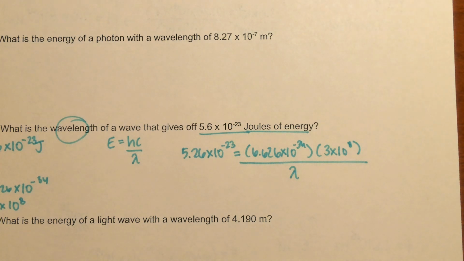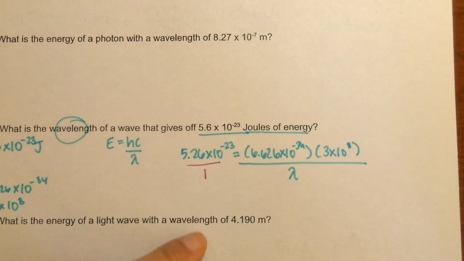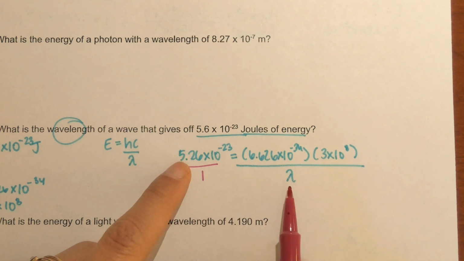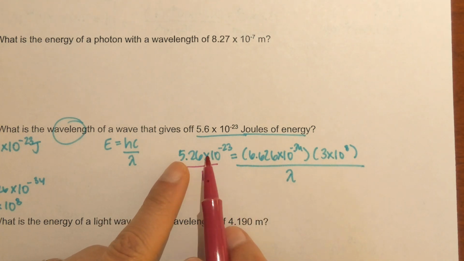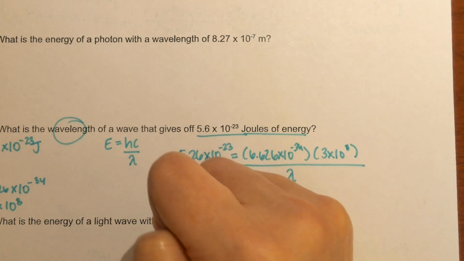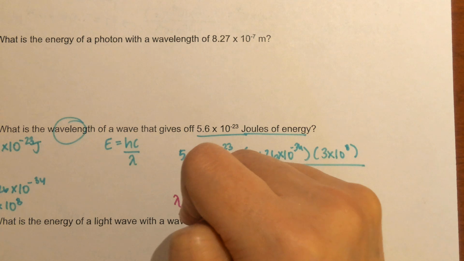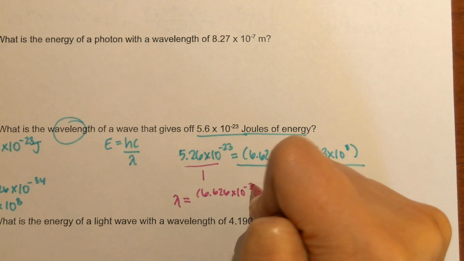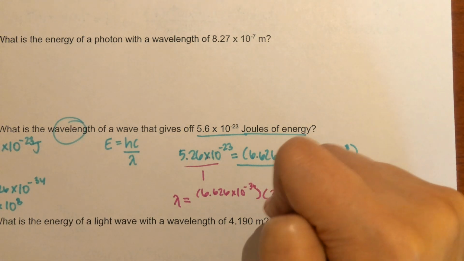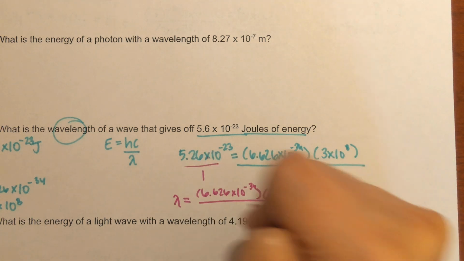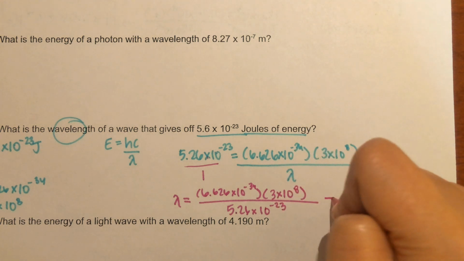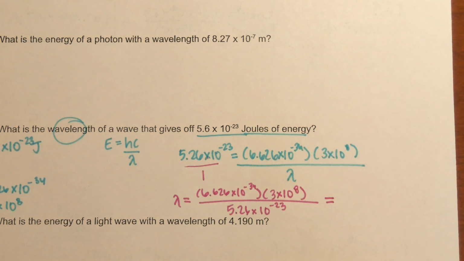Now my trick is, what's easier is that since this number is like over 1, right, all you have to do to get Y equals, you just switch these two. So the Y goes up here, this number goes down here. So I'm just going to rewrite it. So Y equals 6.626 times 10 to the negative 34 times 3 times 10 to the power 8 divided by this number here. You plug that into the calculator.